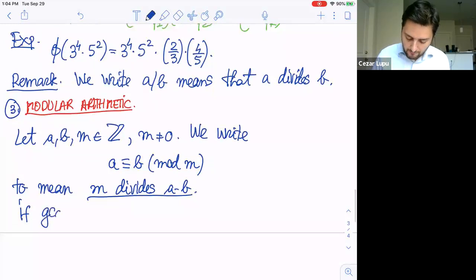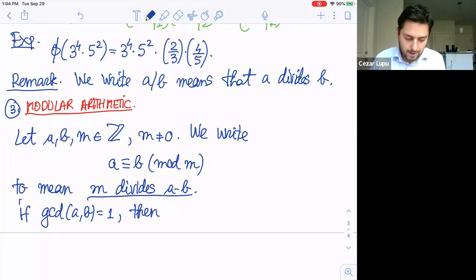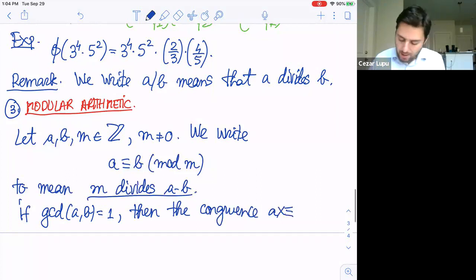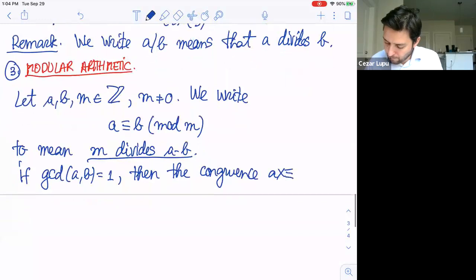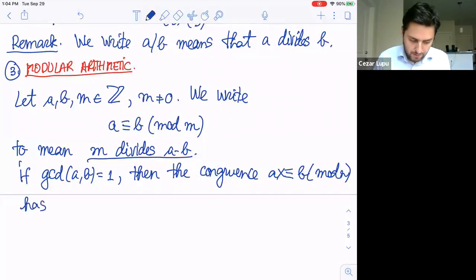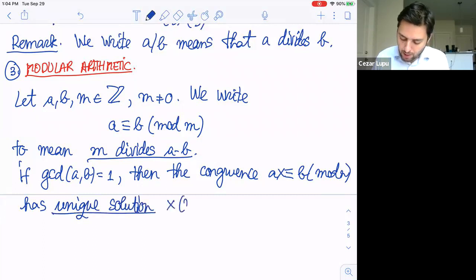If the GCD of a and n is 1, then the congruence ax congruent to b mod n has a unique solution x mod n.